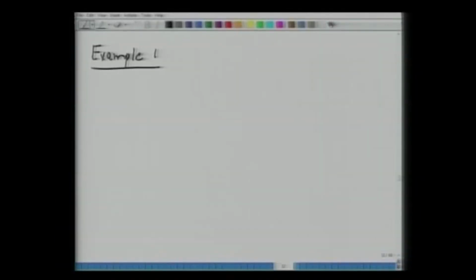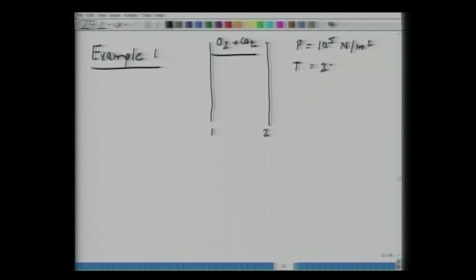So, what we have here are two planes, say 1 and 2, with a binary mixture of oxygen and carbon dioxide. Let us assume the pressure is 1 atmosphere, 10 to the power 5 Newton per meter square, and the temperature is 0 degrees Celsius or 273 Kelvin. Also given is the binary diffusivity of A and B, oxygen and CO2, which is 1.787 times 10 to the power minus 5 meter square per second.